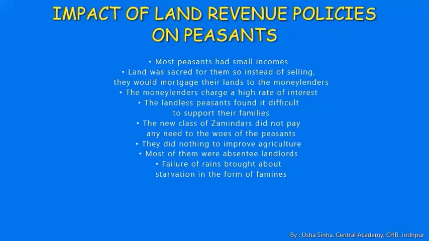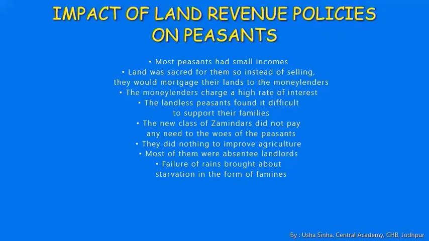Moreover, high revenue demands, failure of crops, and costly social rituals and ceremonies forced the peasants to go to unscrupulous money lenders. Land was sacred for them, so instead of selling, they would mortgage it to the money lenders.